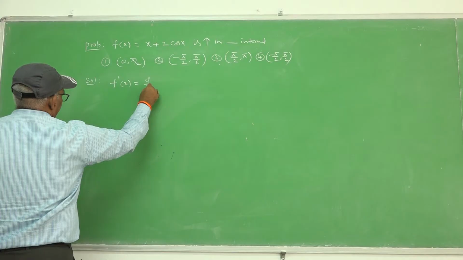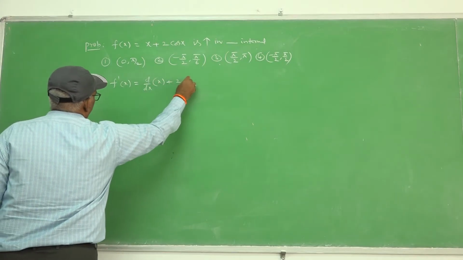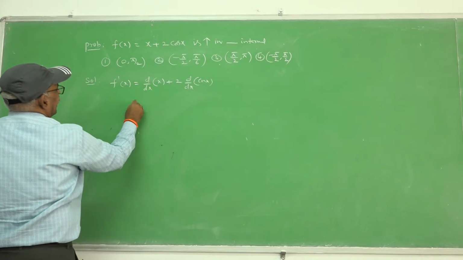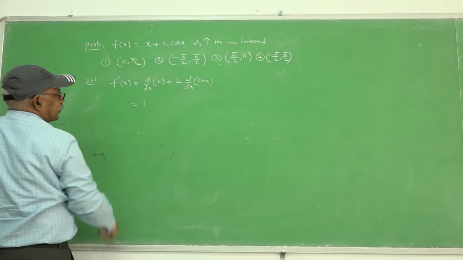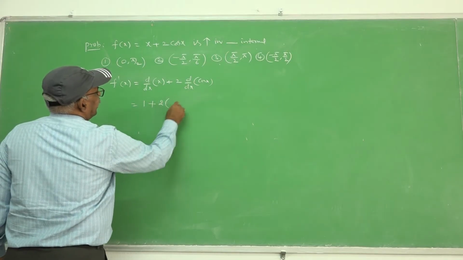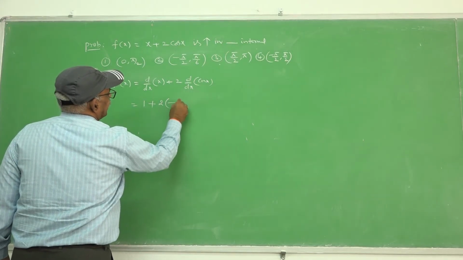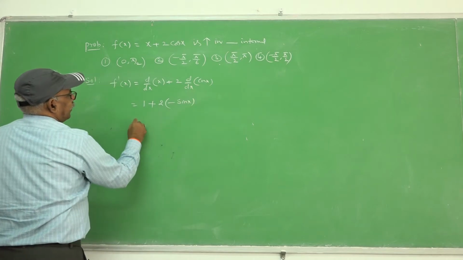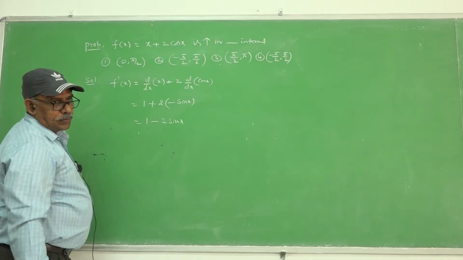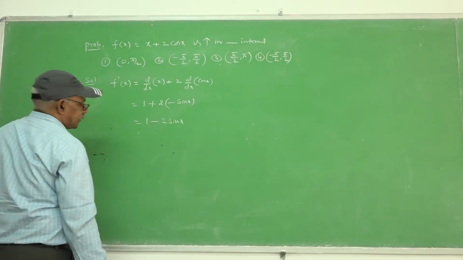That is d by dx of x plus 2 into d by dx of cos x. The derivative of x with respect to x is 1, plus 2 into the derivative of cos x, which is minus sin x. Hence, this is 1 minus 2 sin x. The first derivative is 1 minus 2 sin x.